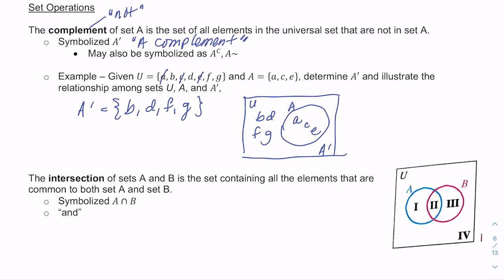So your A primes are out here. That's A complement. And set A is here, which is a subset of the universal set.